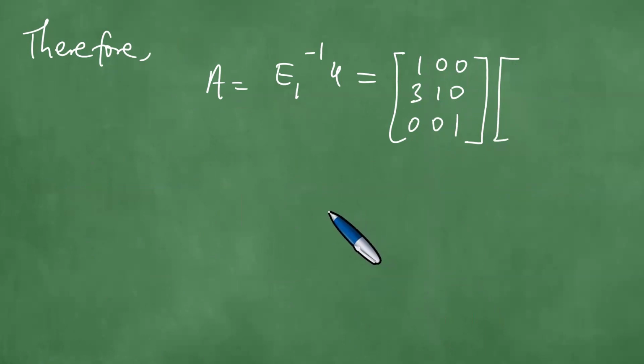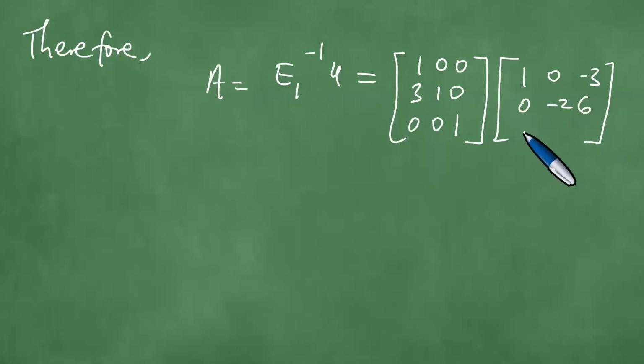And what is then the upper triangular matrix? 1, 0, minus 3, 0, minus 2, 6, 0, 0, minus 2. Okay, so this therefore becomes the matrix A written as a product of an elementary matrix and an upper triangular matrix U. Right, now this should be the answer to the problem.